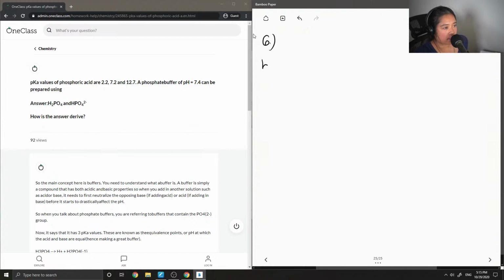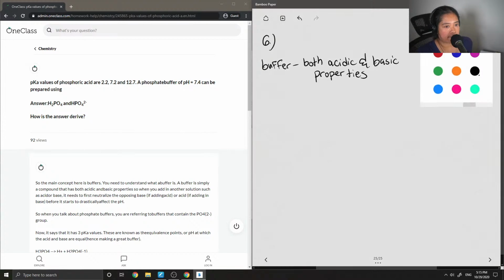So basically the definition of a buffer is that it has both acidic and basic properties. So they give us the pKa values for phosphoric acid.